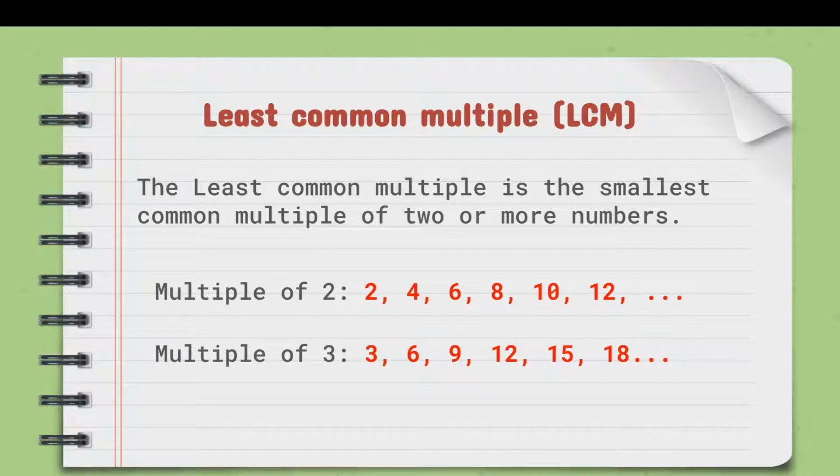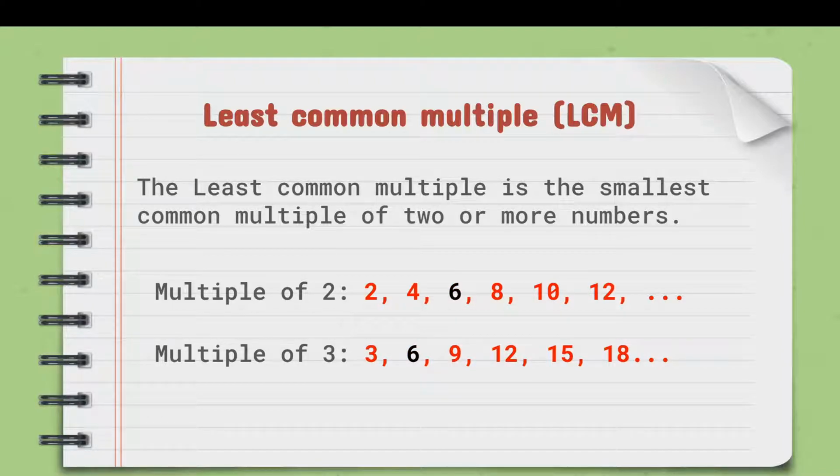On the list, there are many common multiples such as 6 and 12. And in fact, if you lay out all the multiples, there would be infinitely many common multiples. And this is why you find the smallest or the least common multiple. For this case, it is obvious that the LCM is 6.